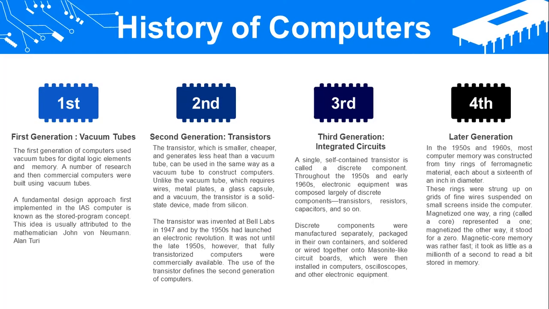In the 1950s and 1960s, most computer memory was constructed from tiny rings of ferromagnetic material, each about a sixteenth of an inch in diameter. These rings were strung up on grids of fine wire suspended on small screens inside the computer. In the later generations, the memory of the computer evolved.